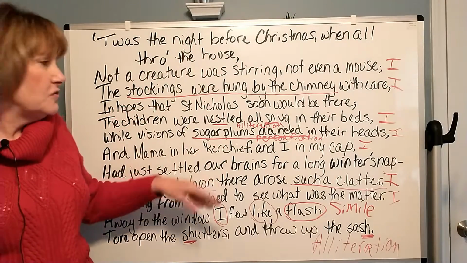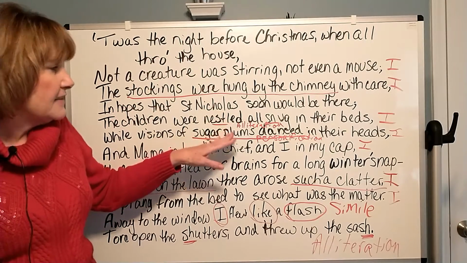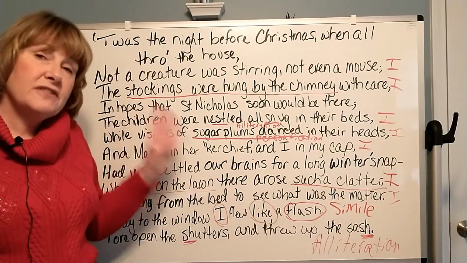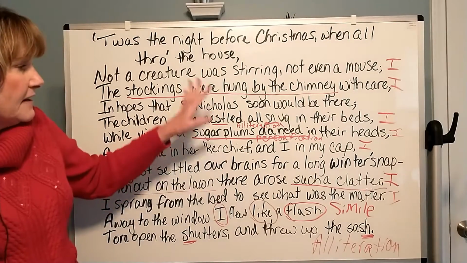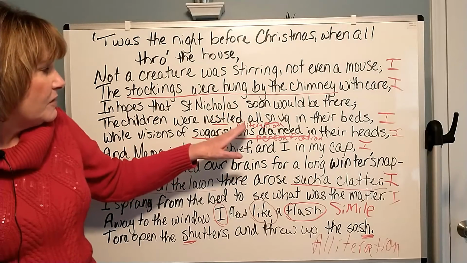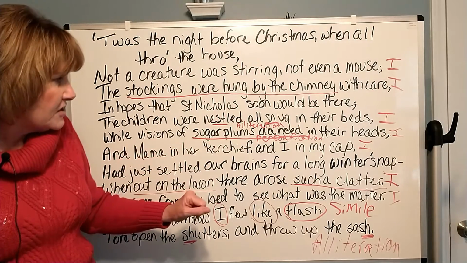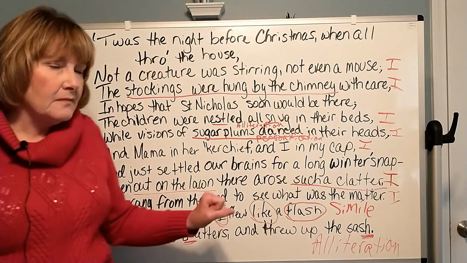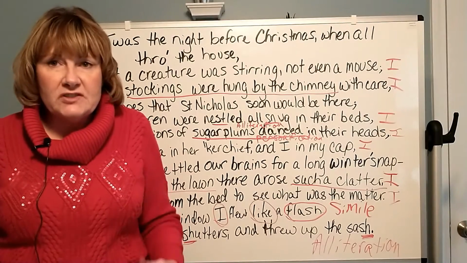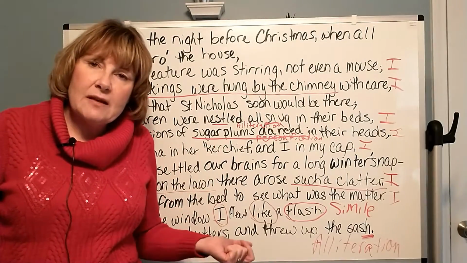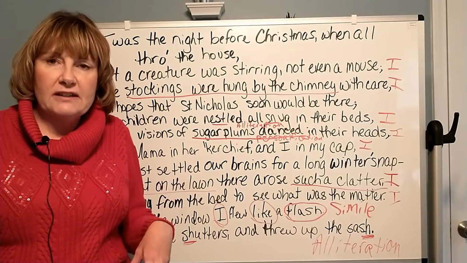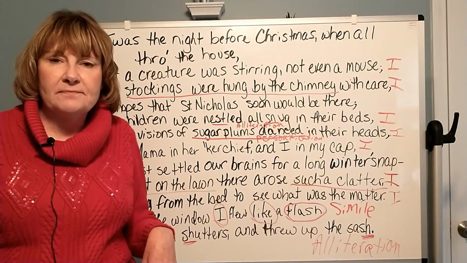So I hope that helps make it easier to identify some of the literary devices and what we call figurative language, right? So we've identified imagery, we've practiced finding alliteration, personification, a simile. And then when we go over the Grinch in a minute, we're going to be doing the same thing and we're going to be finding more different kinds of figurative language or literary devices.